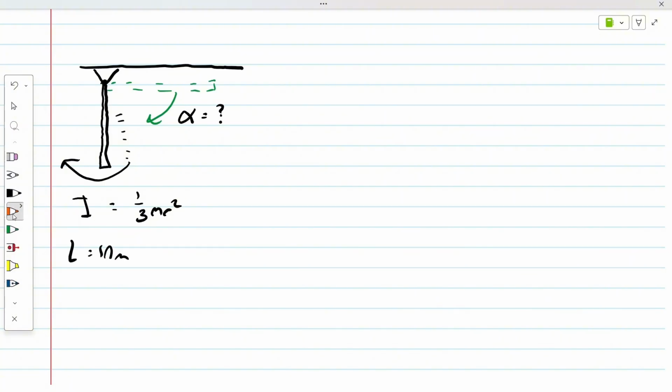But now we need to find what torque we're going to be using. We still have this Fg like this, right? And so if we write out our equation, we still have the torque equals the I times the alpha, angular acceleration.